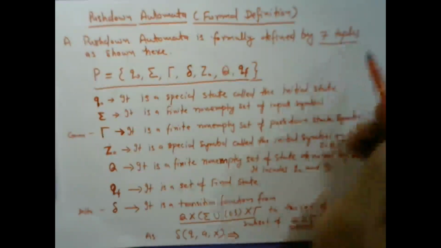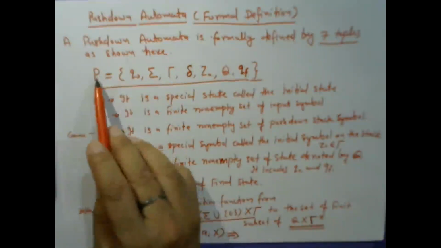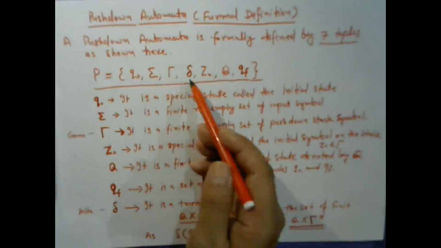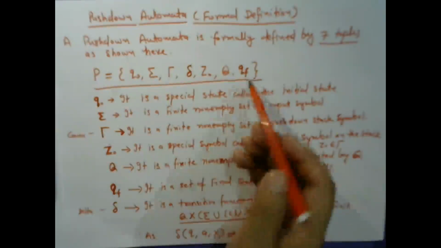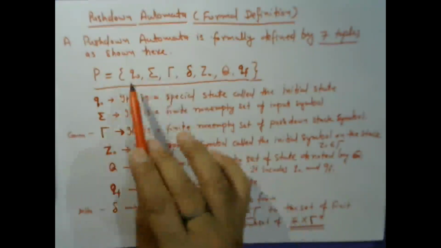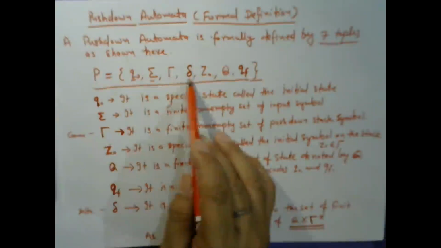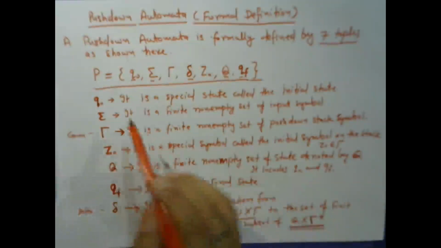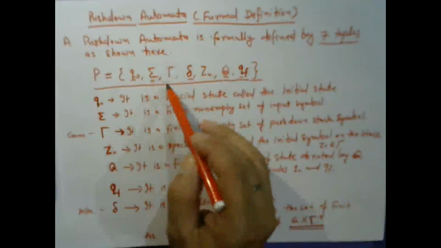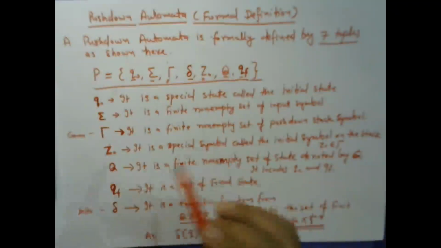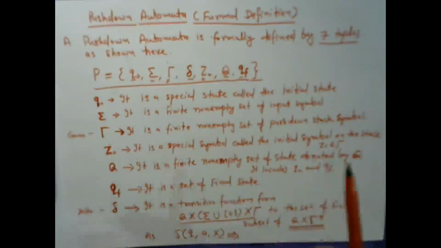As you have seen here, the pushdown machine P is equal to Q, sigma, gamma, delta, q0, Z0 and F. We have already seen the 5 tuples before in the finite automata: Q, sigma, delta, q0 and F. These are the symbols which we already discussed in the finite automata, and there are only two new symbols, one is gamma and one is Z0. These two new symbols are encountered in the PDA due to the stack added to the diagram as a memory element.